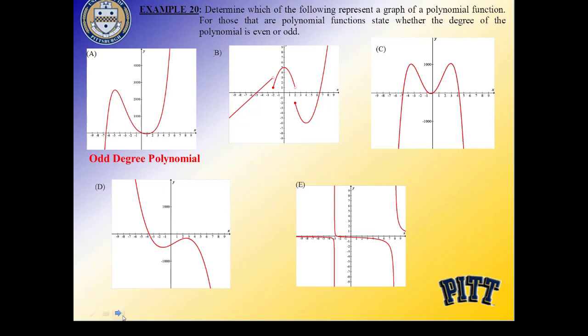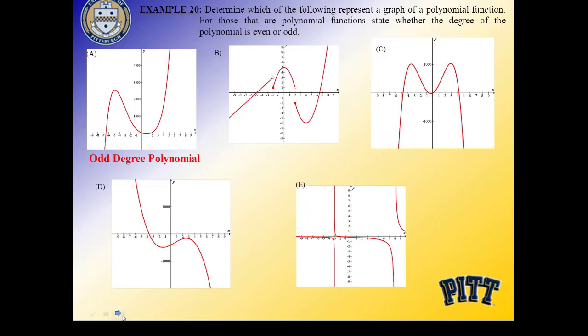It's going to be an odd degree one because I'm looking at the entire graph, and I'm going to guess that's probably right because it's going up past 4,000. So it's going to probably keep going up and up like that forever and ever. So it's an odd degree polynomial.